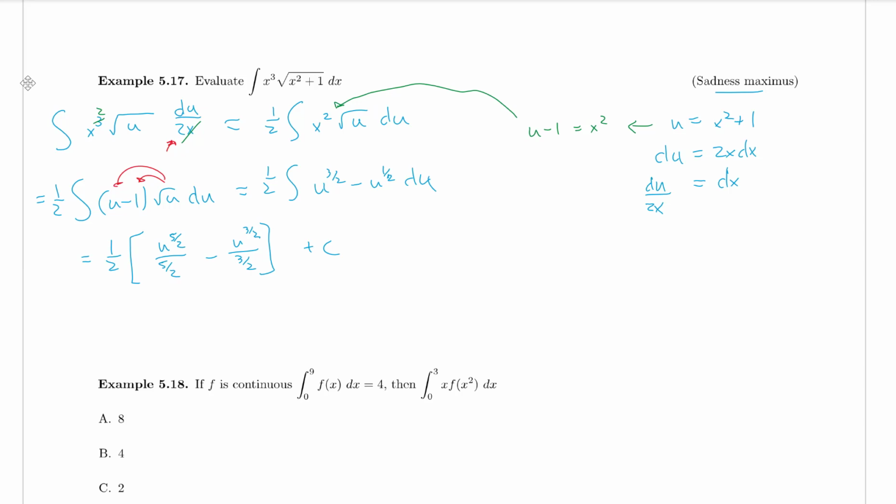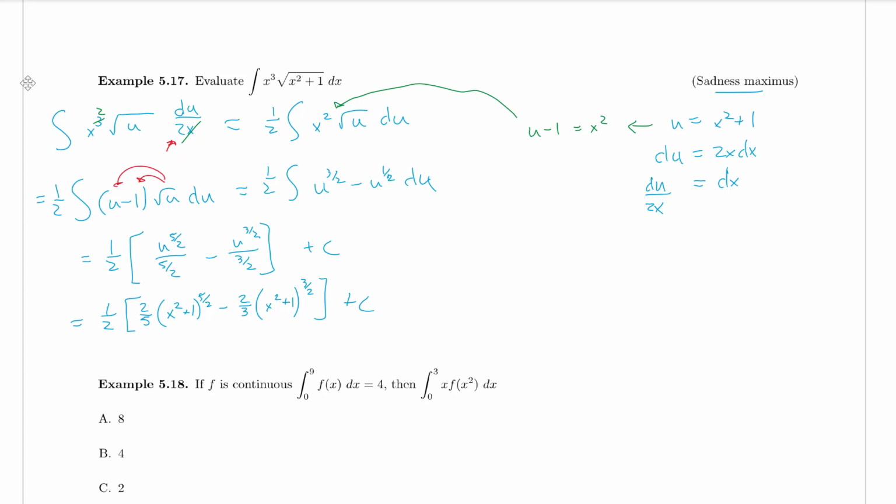Now, let's go ahead and substitute our u back in, and we get 1/2 times 2/5 x squared plus 1 to the 5/2 minus 2/3 x squared plus 1 to the 3/2, all multiplied by that 1/2 out front and added by the constant there at the end.